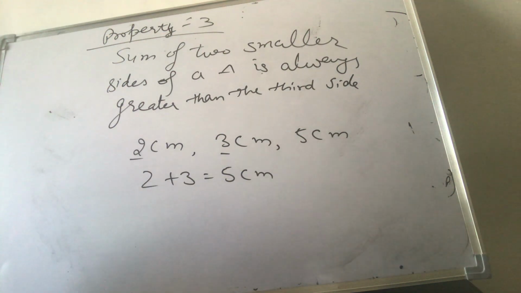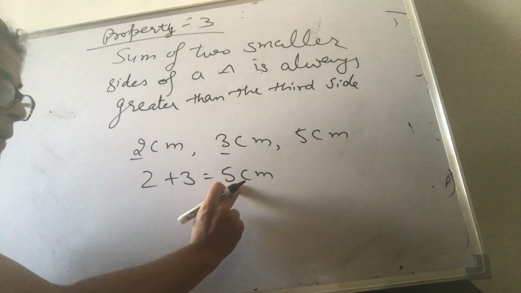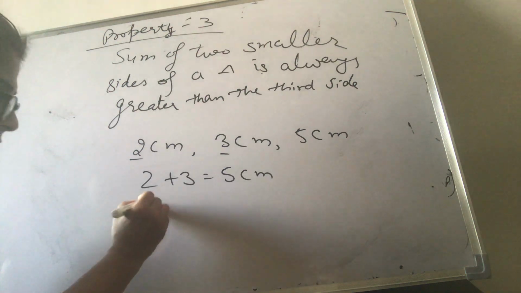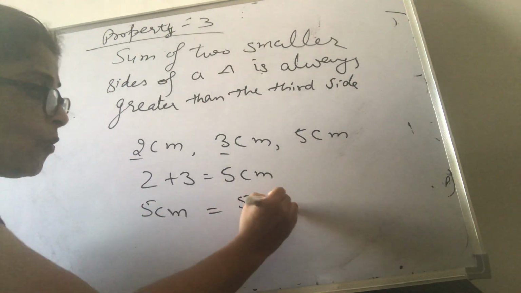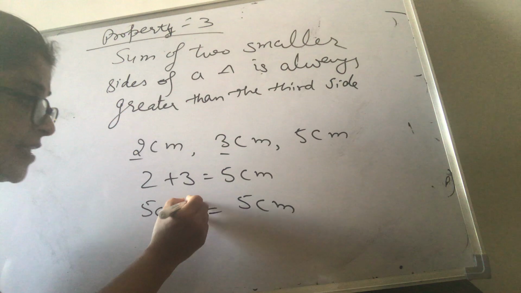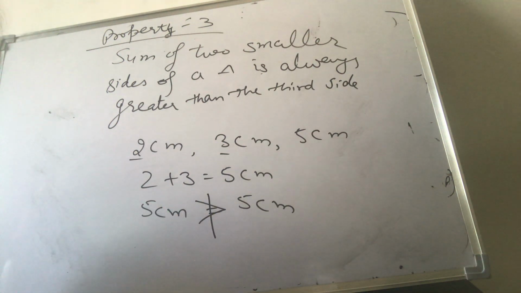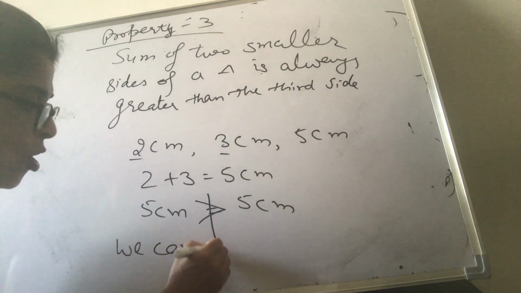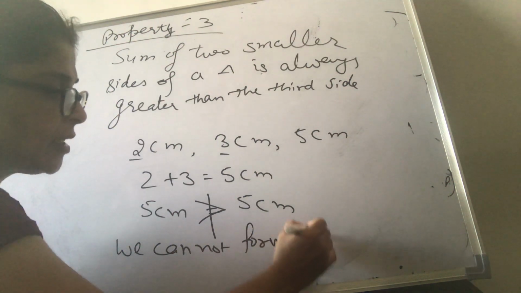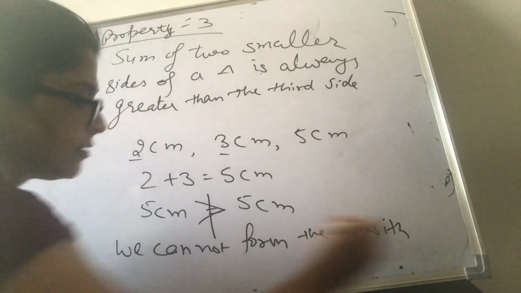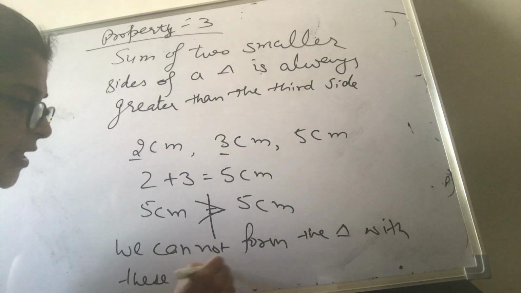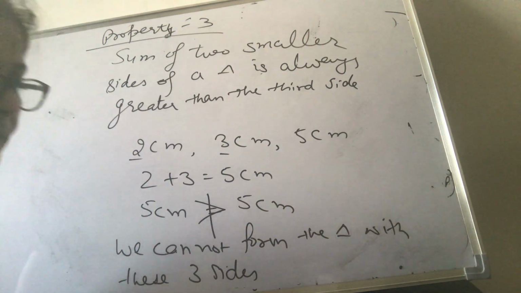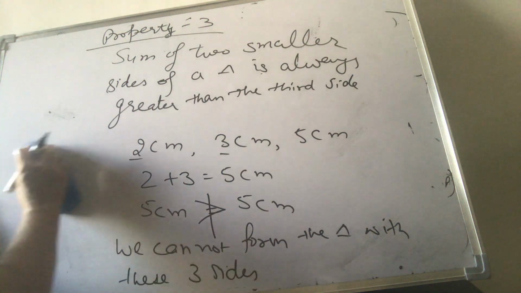Now this sum should be greater than the third side, but it is equal to the third side. Now this 5 centimeter is equal to the third side 5 centimeter. It is not greater. So we will write we cannot form the triangle with these three sides. This property should satisfy, otherwise you cannot form the triangle.